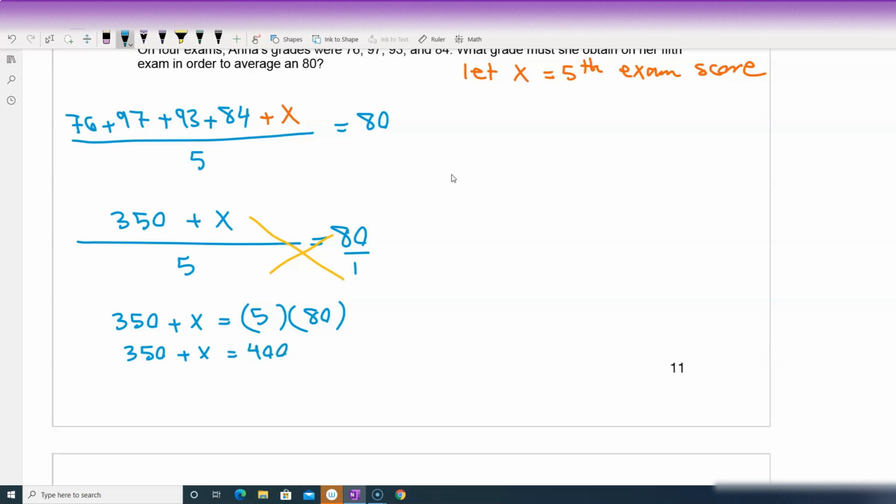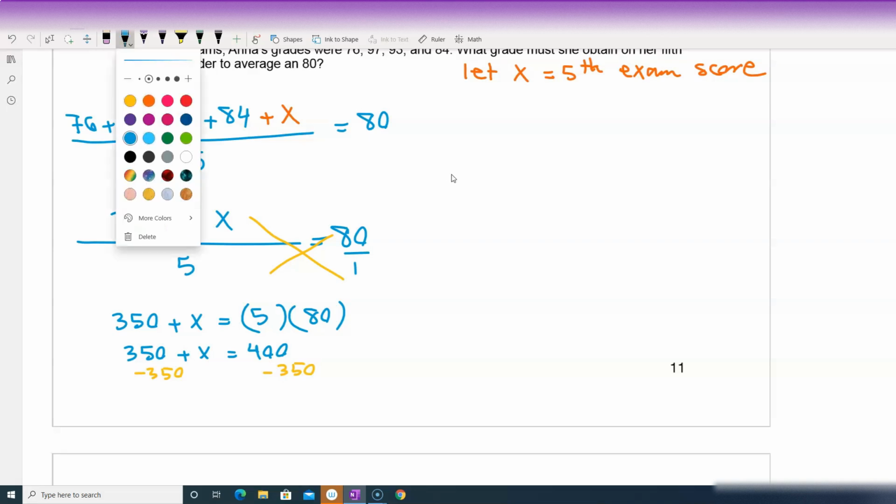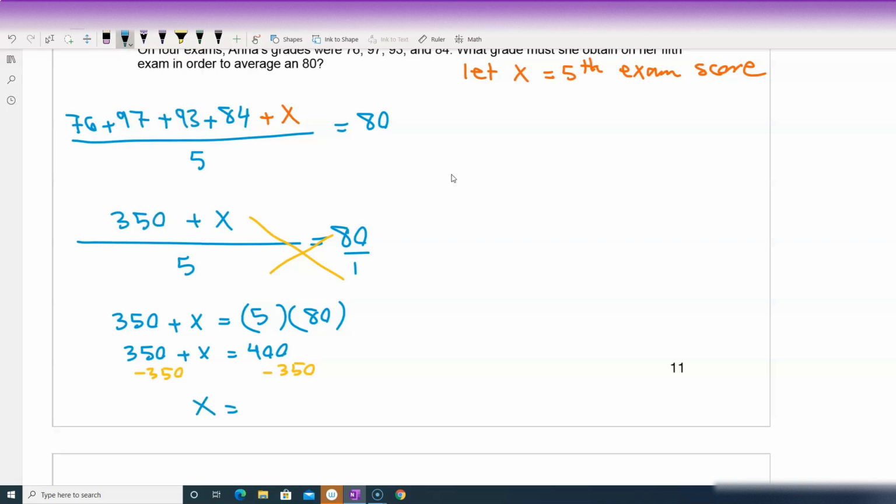Then subtract 350. And the answer is 50. So here, the fifth exam score should be 50 to have an average of 80.